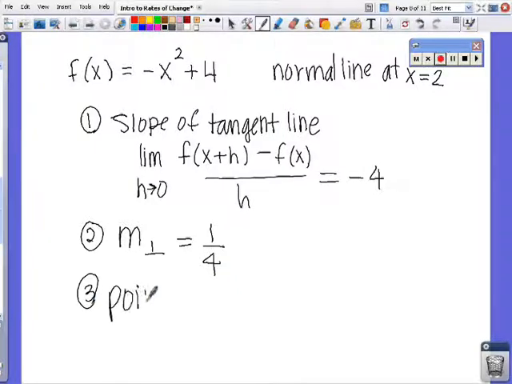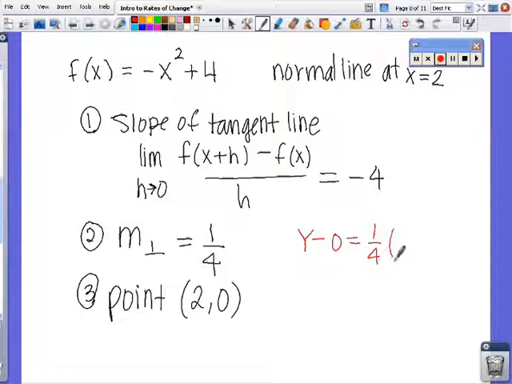Therefore, the equation of the normal line would be, we'll do that in red, y minus 0 is equal to 1/4 times x minus 2. And the slope-intercept form of the line is 1/4 x minus 1/2. And so if I go back over, I can show you that line, and I'll do that in orange.